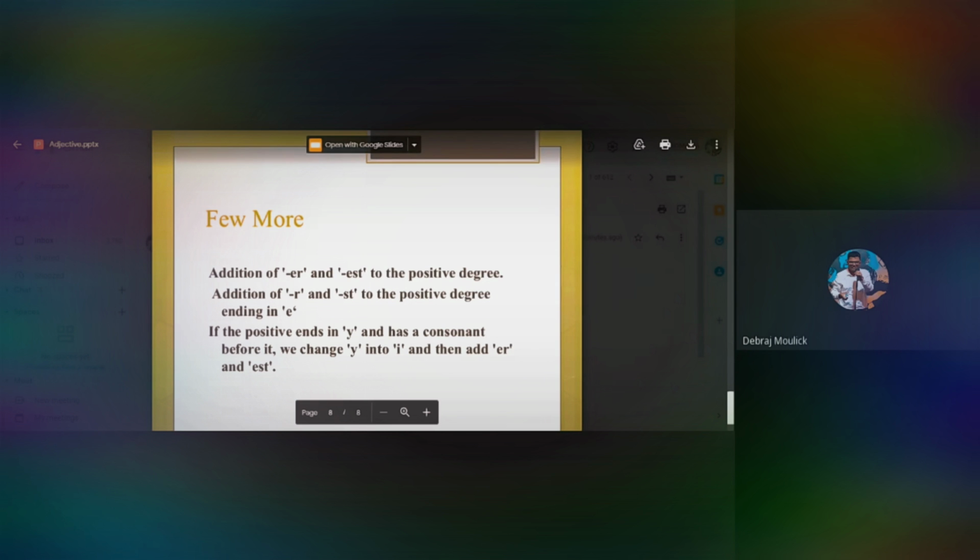We change y into i and add er for the comparative and est for the superlative. Happy becomes happier, happiest; heavy, heavier, heaviest; lazy, lazier, laziest; mercy, mercier, merciest; wealthy, wealthier, wealthiest; easy, easier, easiest; dry, drier, driest; heavy, heavier, heaviest.